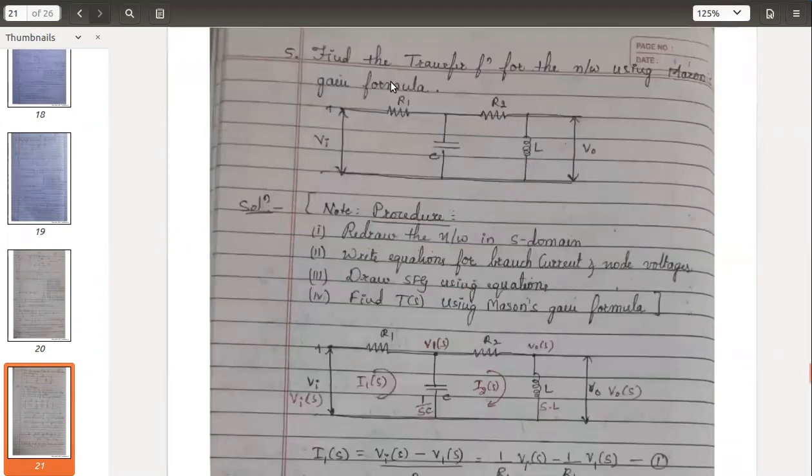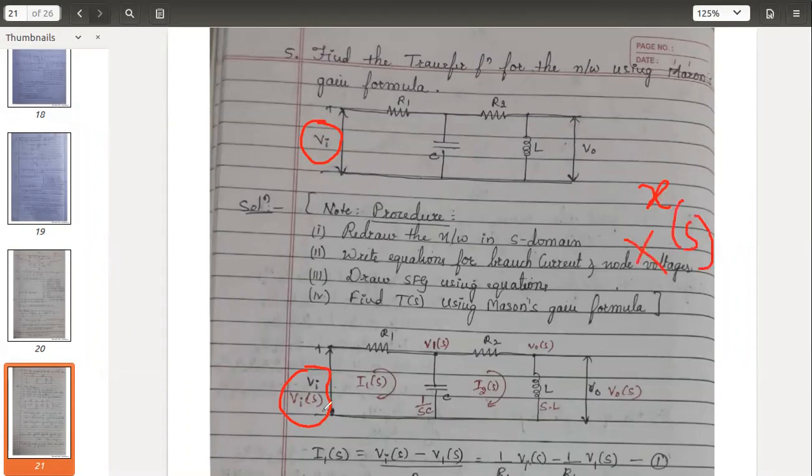I have redrawn the electrical network here with S domain values. You can see you have Vi as the input voltage. I have taken this in the S domain. It is just like in the case of your mechanical equations, wherever the displacement has come, its Laplace transform you have taken as X of s. Something like that.